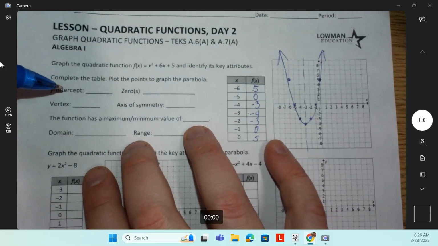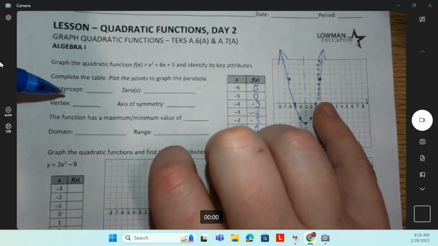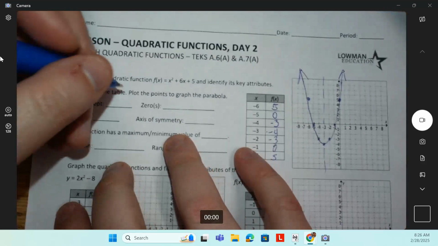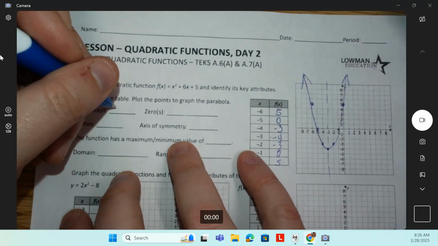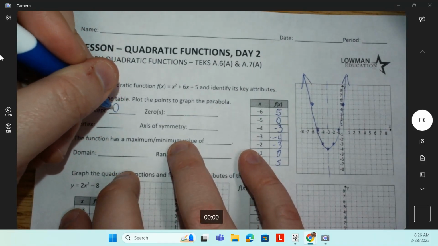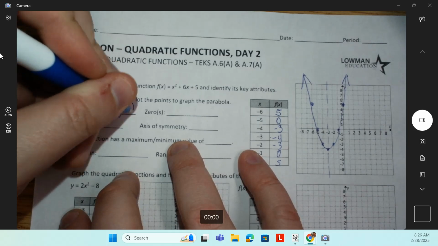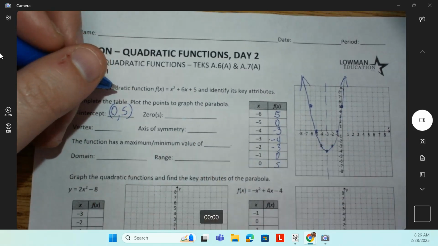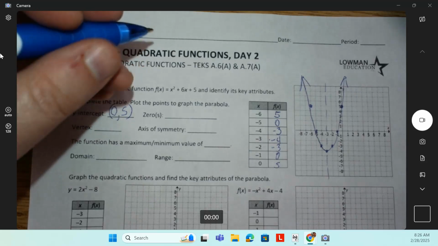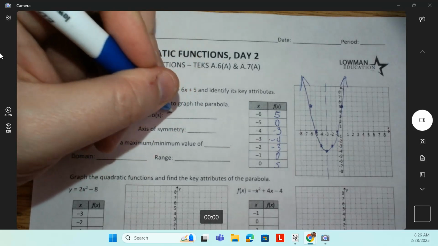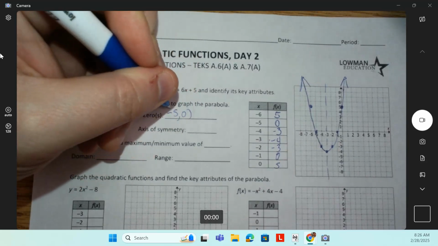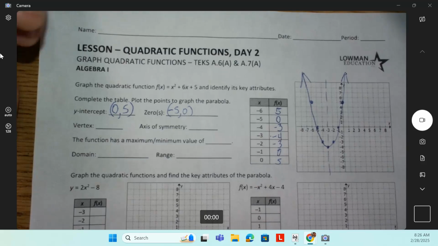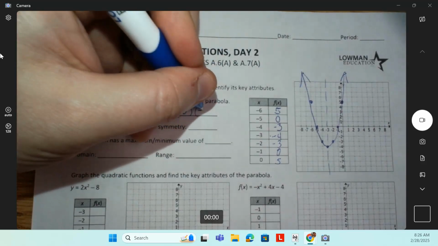So my y-intercept would be where it crosses the y-axis, which would be 0, 5. My zeros are where it crosses the x-axis. So this would be my roots. So I have -5, 0, and -1, 0.